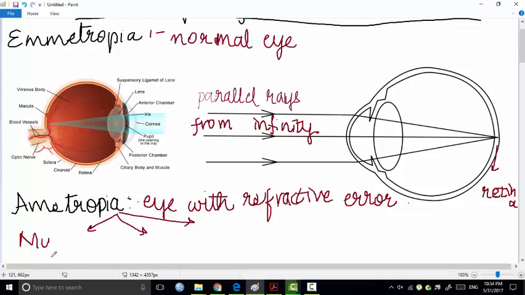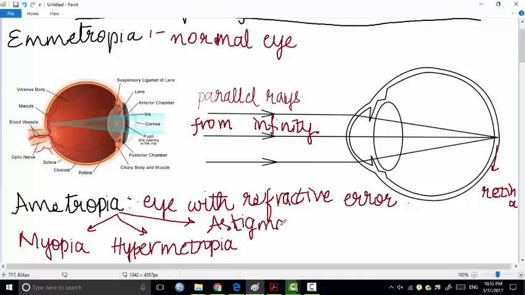First type is myopia, next hypermetropia, and then astigmatism.